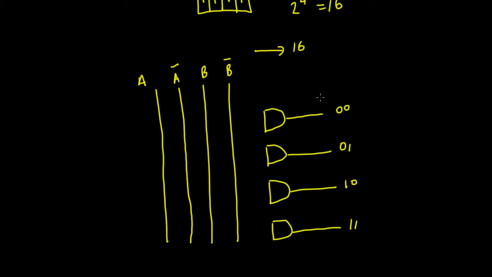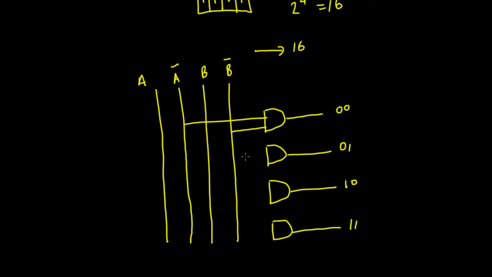So in the first instance, when A is 0 and B is 0, we want this to go high. In order to get this AND gate to go high, we'd have to take it from the complement, from not A and not B, because now when A and B go low, we get a high output here.